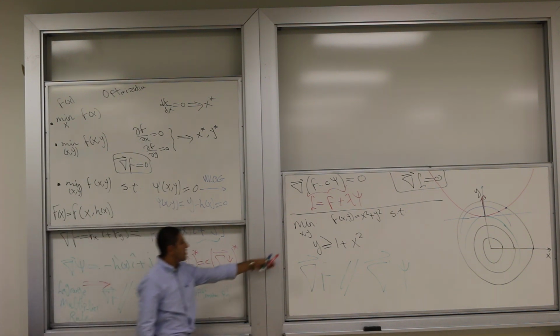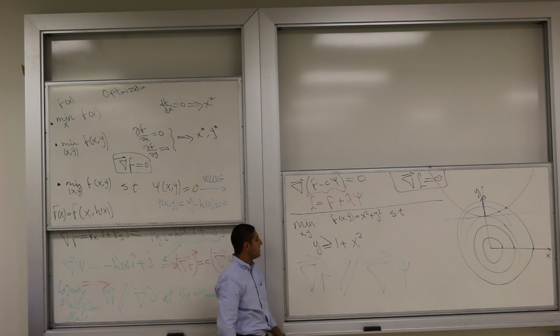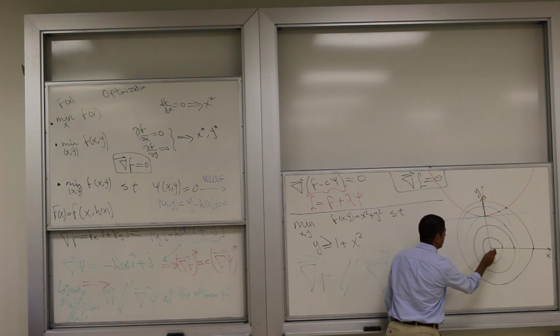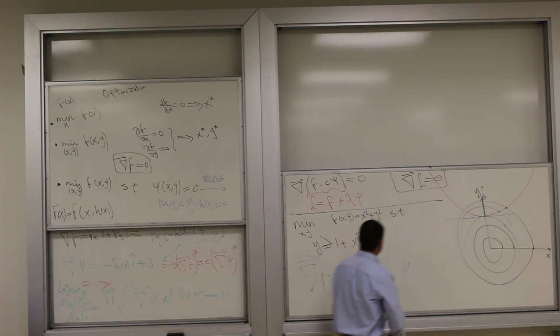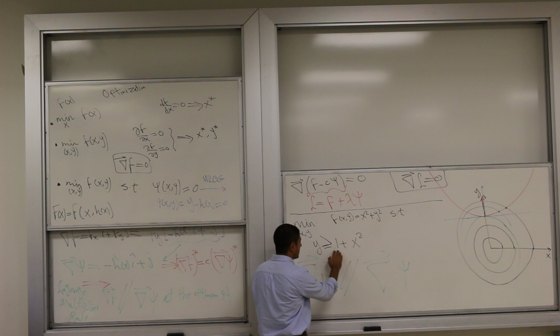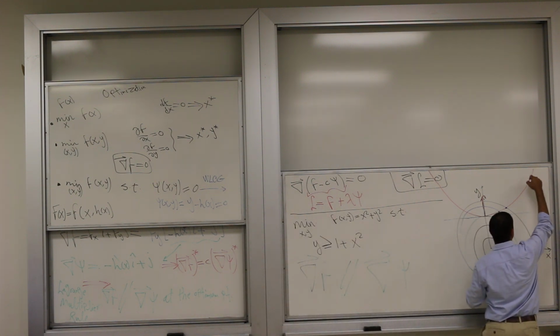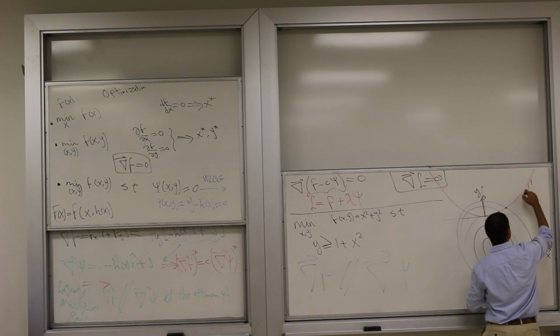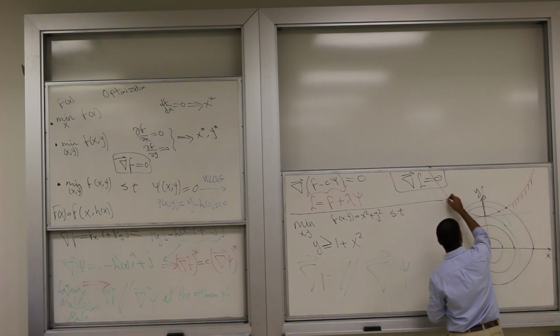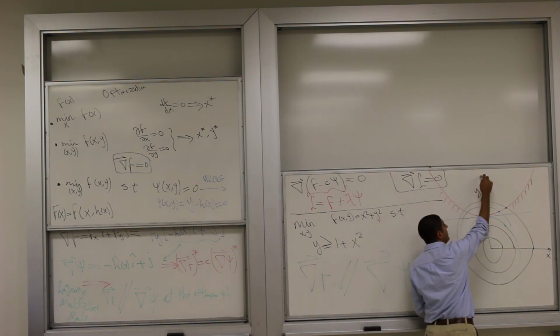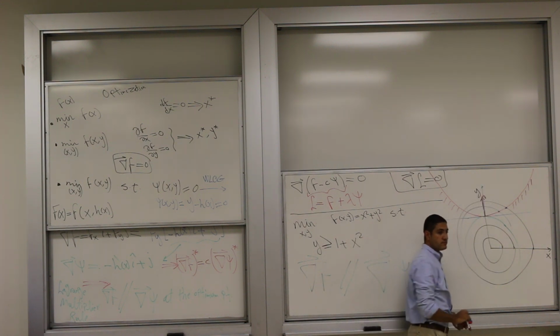Here it's greater than or equal. I solve the unconstrained problem, and here is the optimum. Is your constraint satisfied? No. My constraint is that y is greater than this curve, so I have to be on the line or above it, I cannot be below.